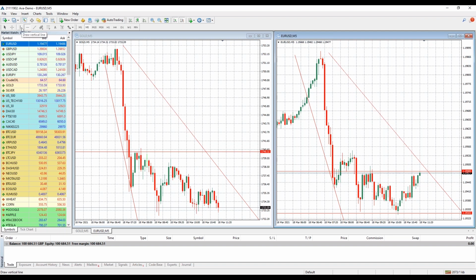Now we know they were mirroring each other all along, right? So the question is, which one's telling the truth, and which one is behind? So which one's leading?